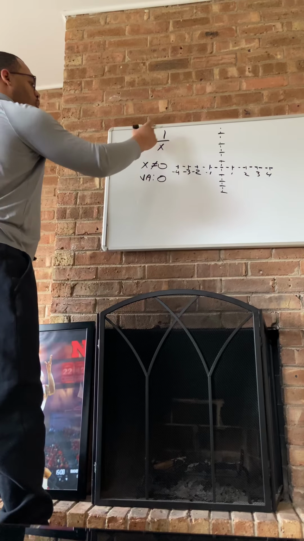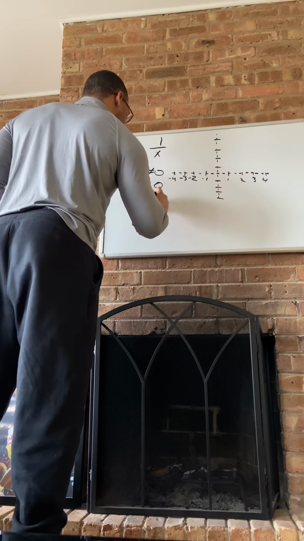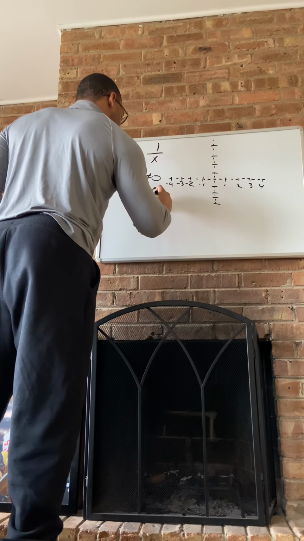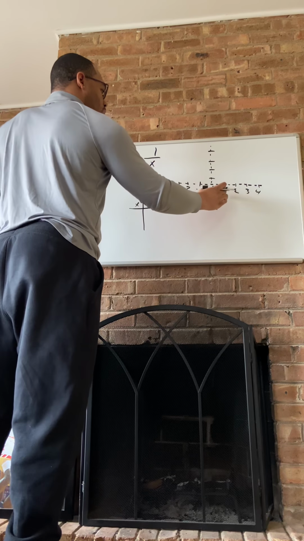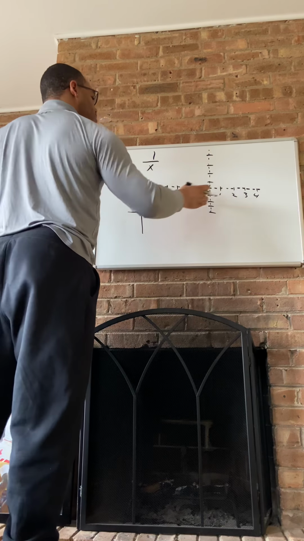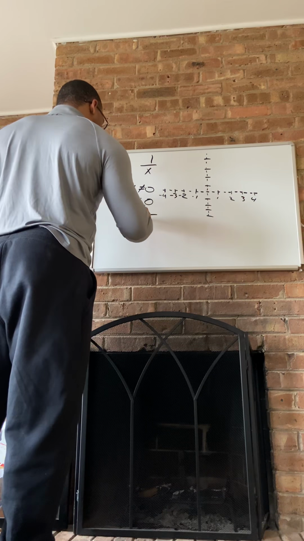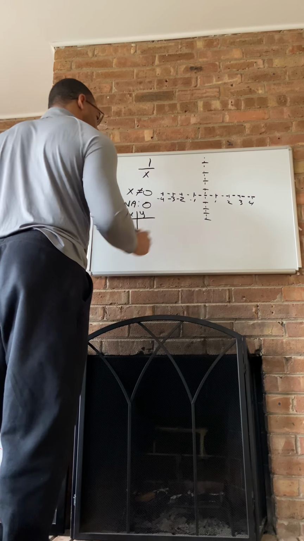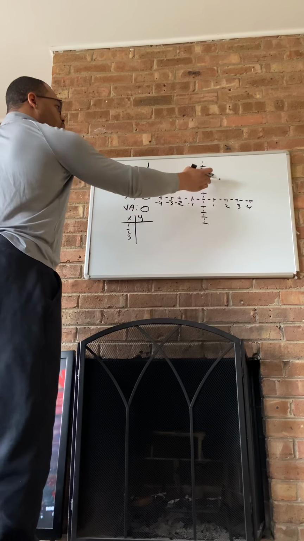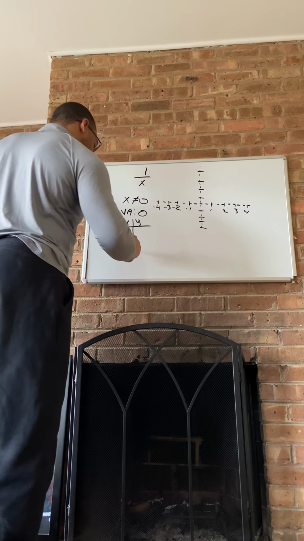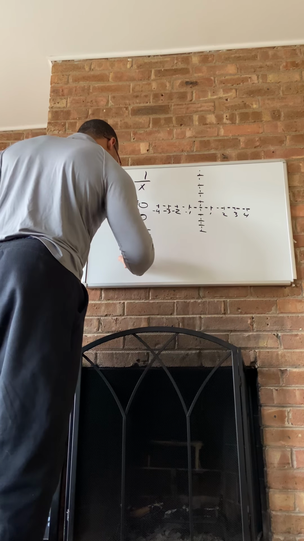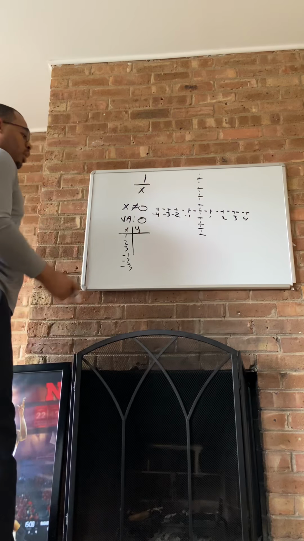So if I create my table, got my X and Y chart, to the left and to the right, we want 3 points on both sides. So I use 1, 2, 3. Can't use 0 because obviously we got asymptotes. So -1, -2, and -3.